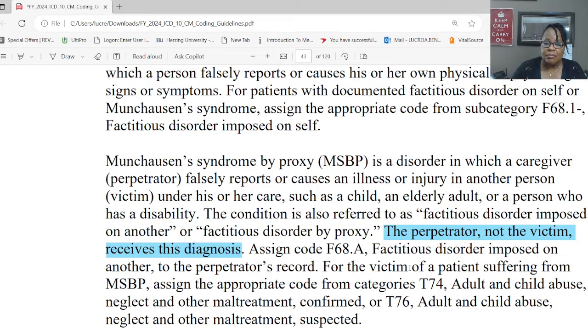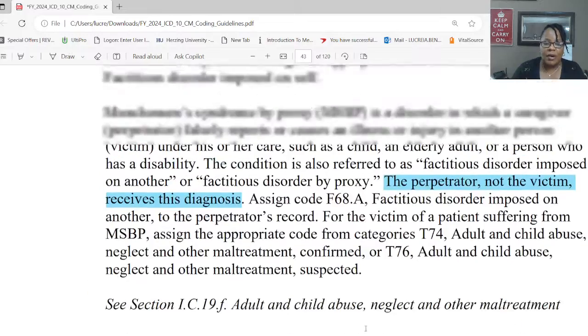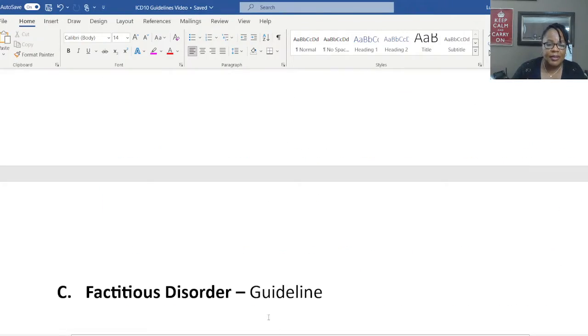For the victim of a patient suffering from MSBP, assign the appropriate code from categories T74, adult and child abuse, neglect, and other maltreatment, confirmed, or T76, adult and child abuse, neglect, or other maltreatment, suspected. All right, let's go back to our guidelines.